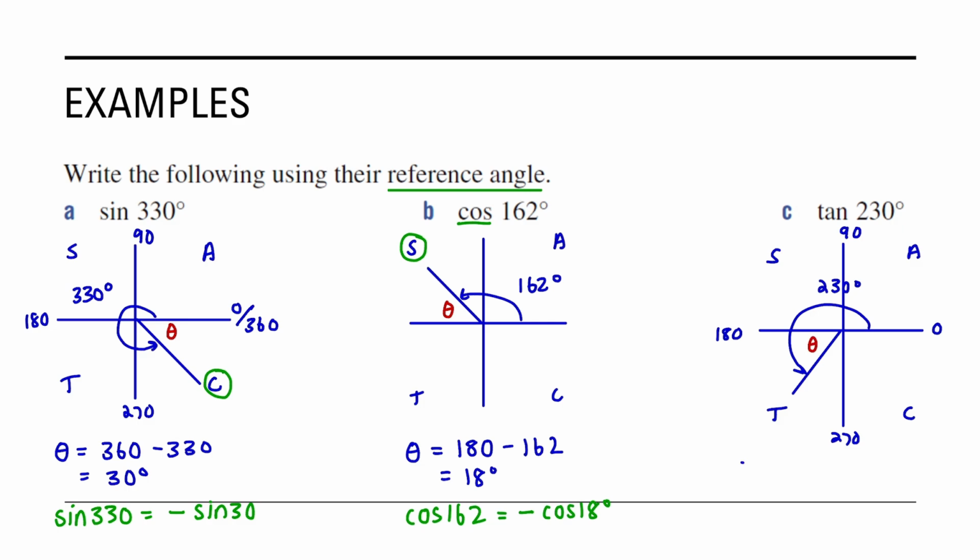So my theta will be equal to 230 minus 180, which equals 50. Now I'm in the third quadrant, and I have the tan ratio, so that means tan will be positive. So tan 230 degrees is equal to tan 50 degrees.